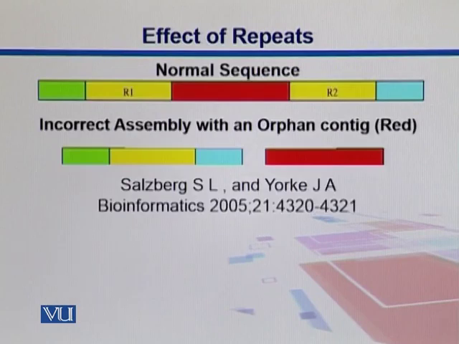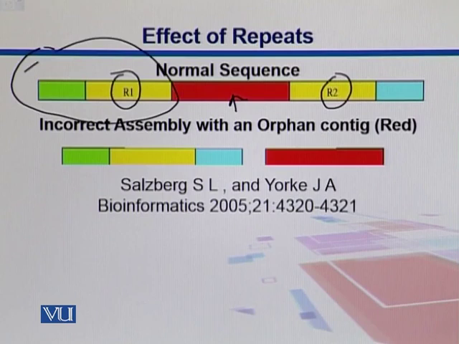For example, if we look at this picture, we can have a normal sequence. So we have repeats. Here is R1 and the second copy of the repeat, R2, and in between we have a normal sequence. So what happens if we take this part and put it here?